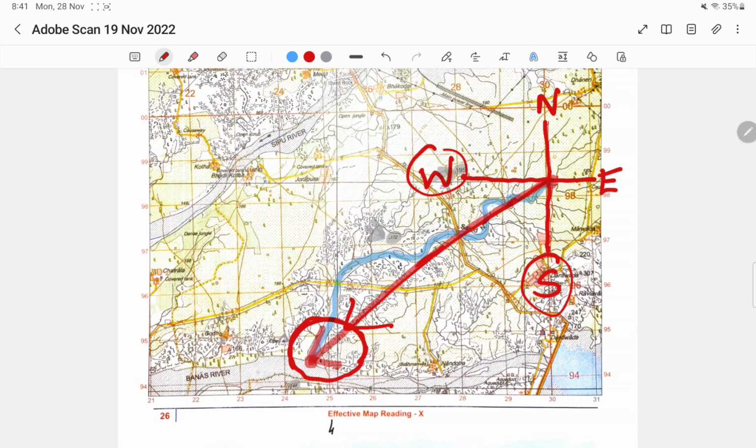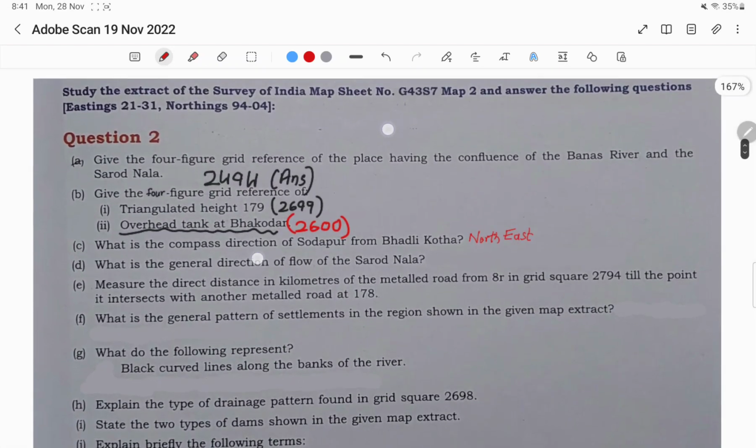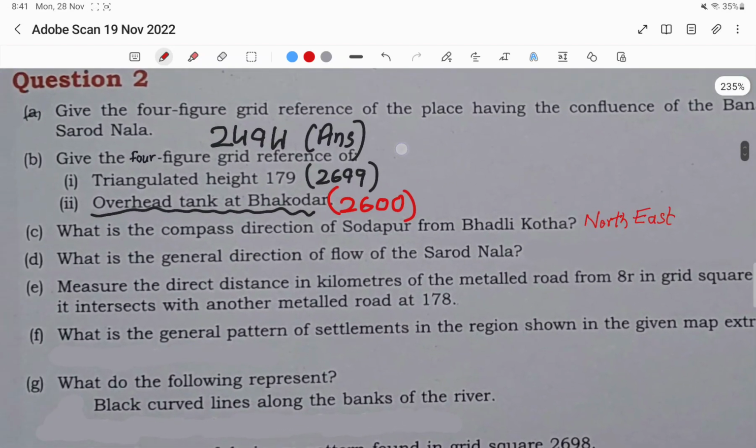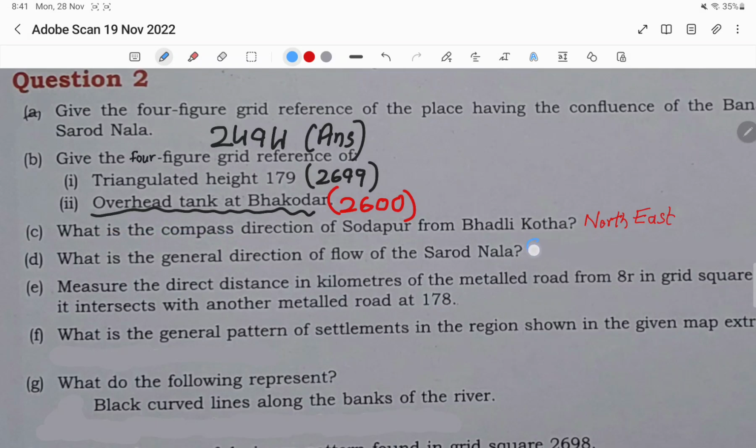So as we can see from the compass, this direction will be southwest. So the answer for this will be that the general direction of flow of Sarod Nala is southwest direction.